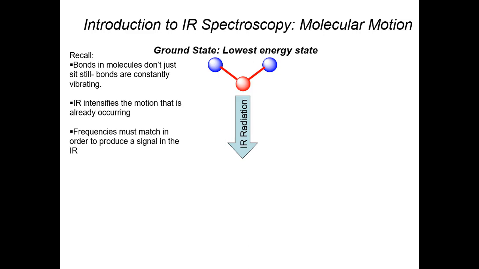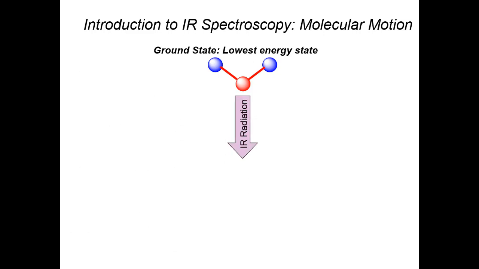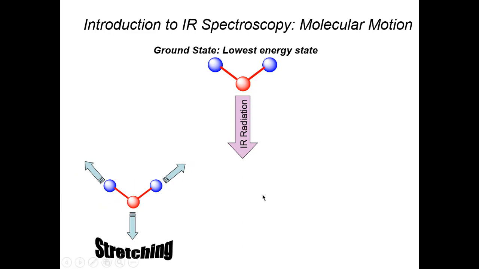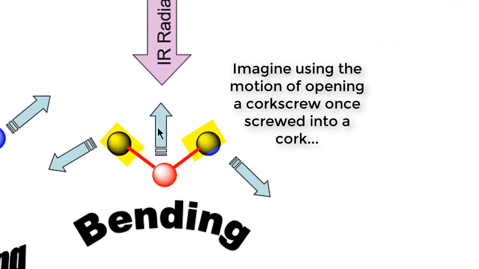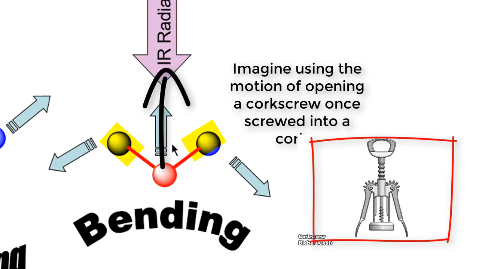So there are other types of molecular motion. If you irradiate a molecule, it can stretch, where the two bonds here, here, and here are going in opposite directions. That's called stretching. You can have bending, where the two blue atoms are moving in a downward direction, which in turn causes the red atom to move up.